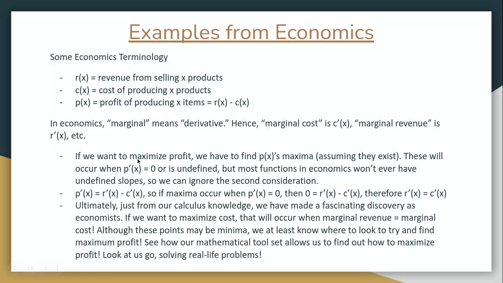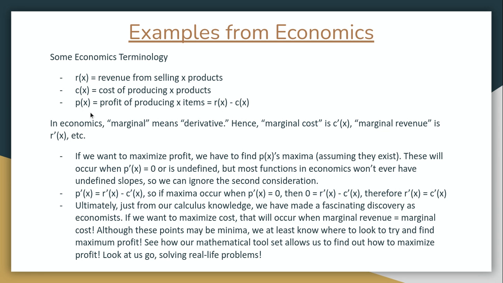If we want to maximize profits, we have to find where P of X is at the highest. So do you see how we just use the rules we talked about from today to figure out where that value is? Just find the optimal number. Remember, P of X equals R of x minus C of x.